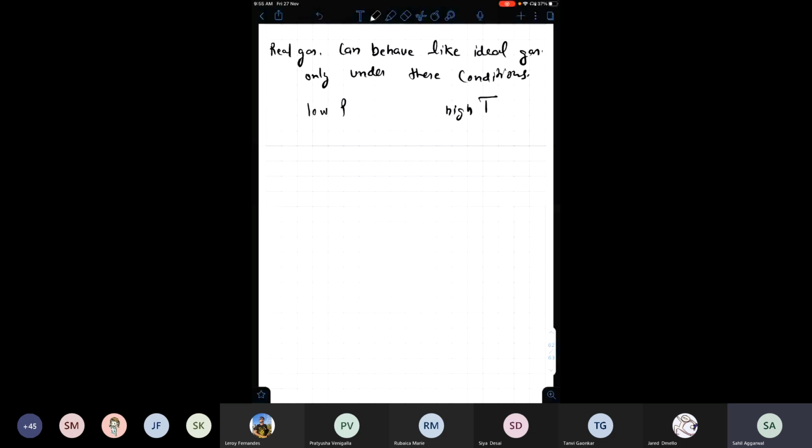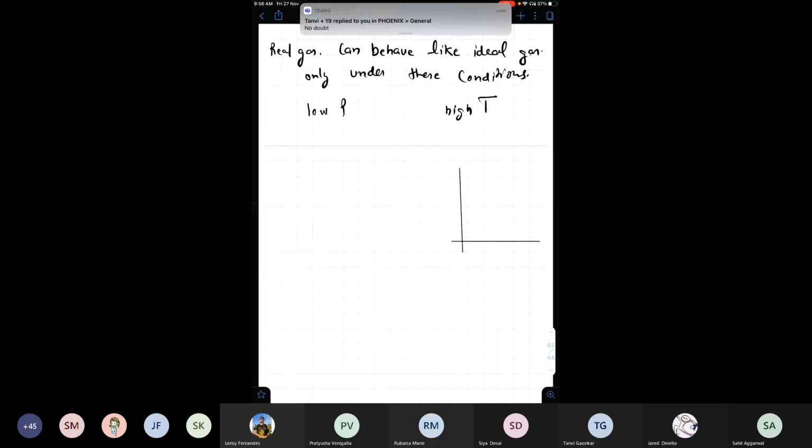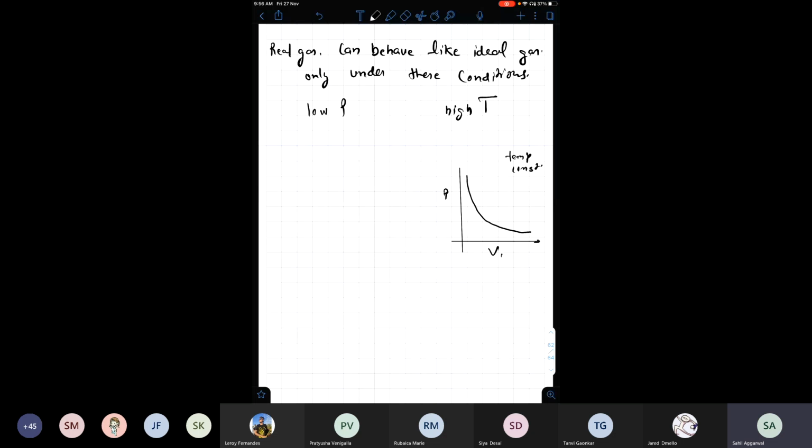मतलब we had a graph between pressure and volume. अगर टेम्परेचर कांस्टेंट रख दे तो what type of graph we'll be having? Rectangular hyperbola.